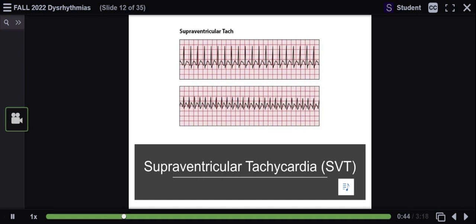So what would be our interventions for this? It's pretty much the same thing as I said with the sinus tachycardia. You want to stop whatever the cause is, but you want more immediate management for this.